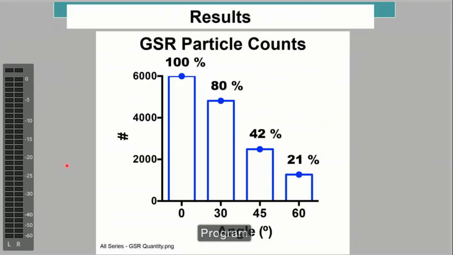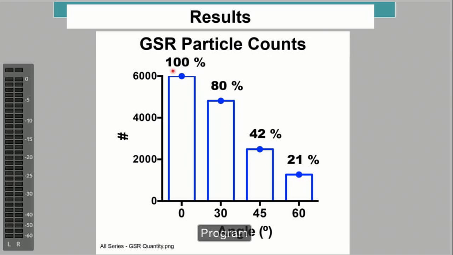Now, if there's nothing else you come away with from my talk, and I've got a bunch of other interesting things, I think, this is the meat of it. This is what it's all about. Okay, if I start out with 100% particle count, orthogonal, shooting at 0 degrees, as the angle increases, the amount of GSR particles decreases substantially, almost 80% at 60 degrees.